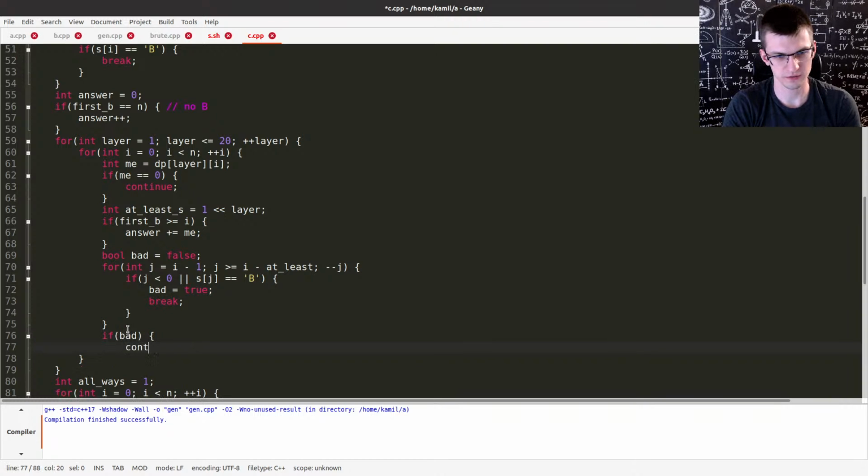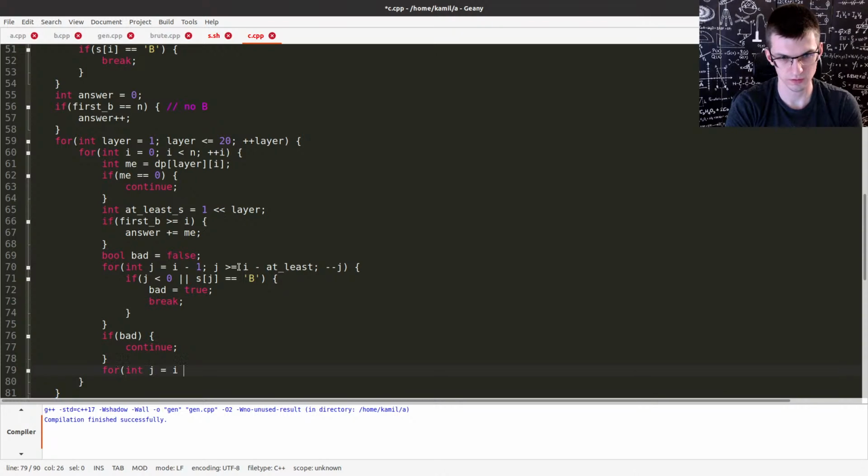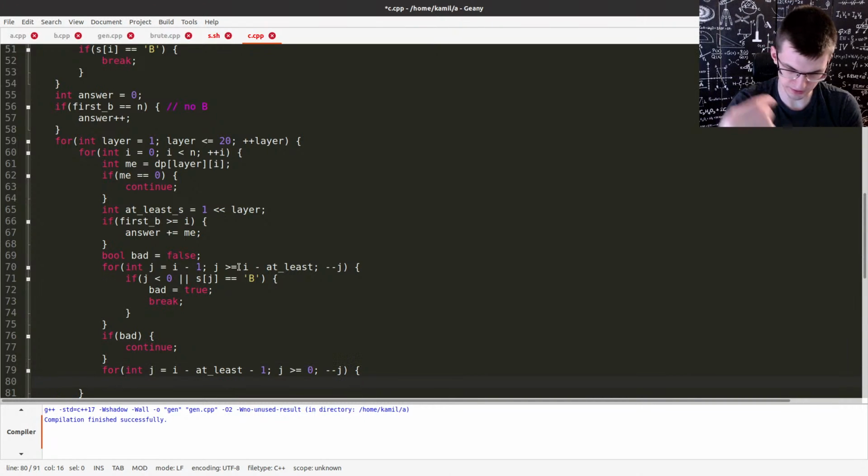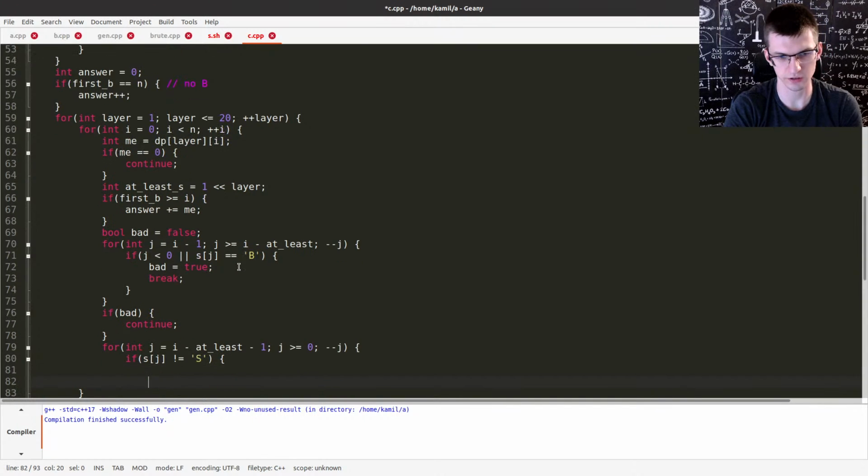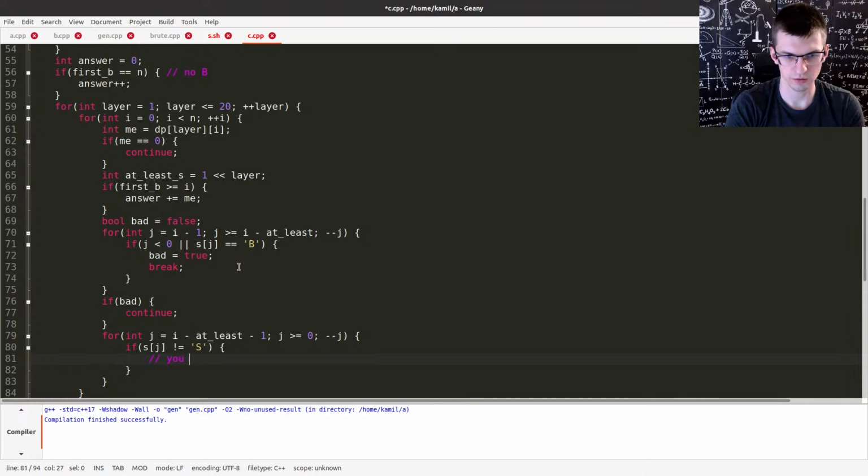If bad, continue. And now, after that many S's, you can do stuff. Consider this to be the next B. If you're not hard-coded S, then it can be the next B. dp of layer plus 1 j plus equal.